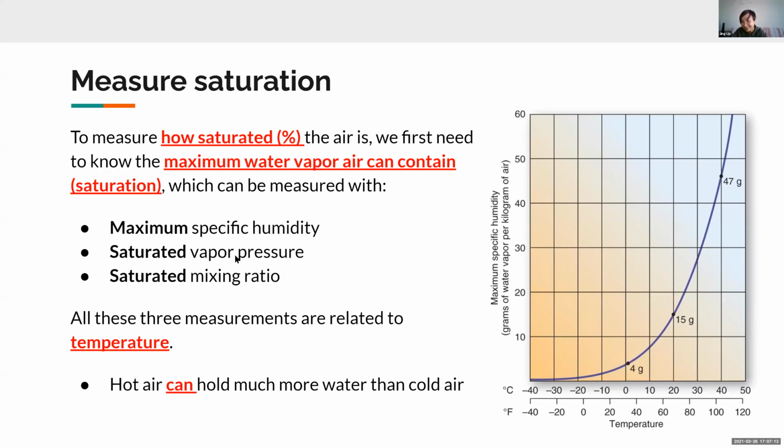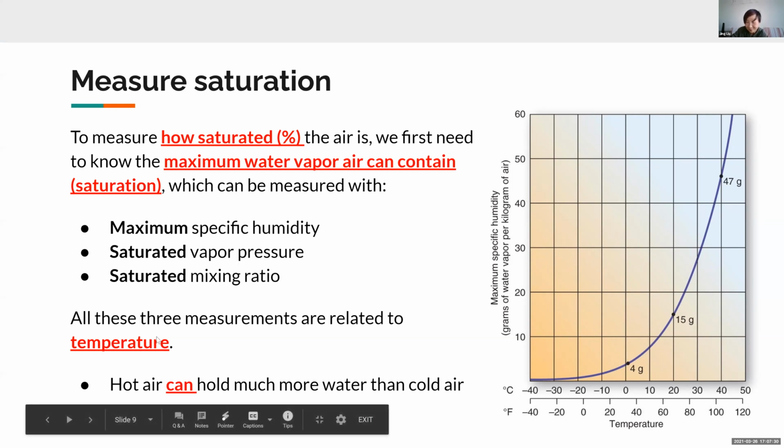Okay, and saturation, as I mentioned earlier, is how saturated the air is. You need to first determine the capacity, in other words, the maximum water vapor air can contain, aka saturation status. That's solely determined by temperature, and you can look it up here.